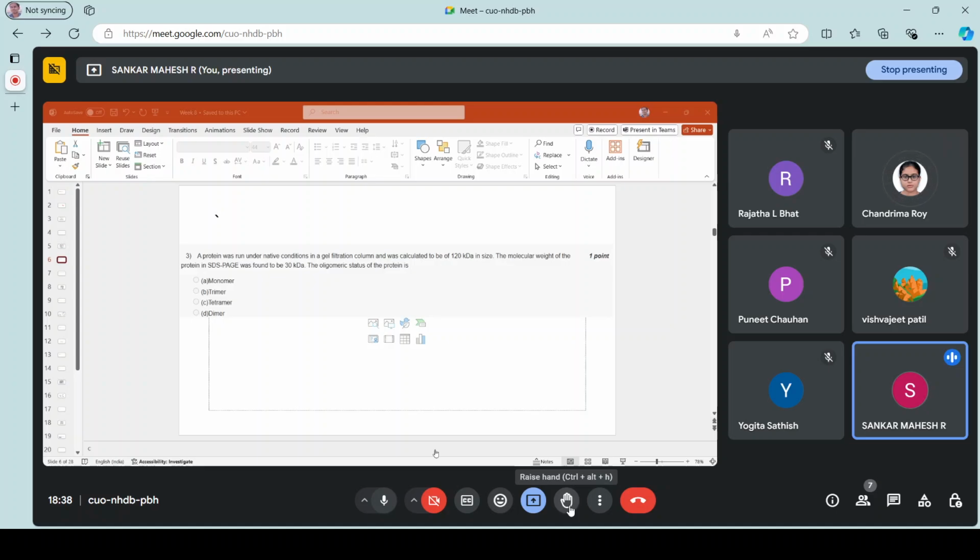Yes, sir. Okay. Do you know about oligomers? They use something called oligomeric status. Are you aware of what oligomeric status is? It's how the proteins are bound, like hemoglobin having chains, 2 alpha and 2 beta chains, a total of 4 chains.